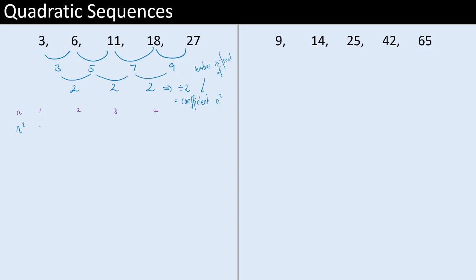Well, 1 squared is 1. 2 squared is 4. 3 squared is 9. And 4 squared is 16. But we don't want that. That's what we're starting with.